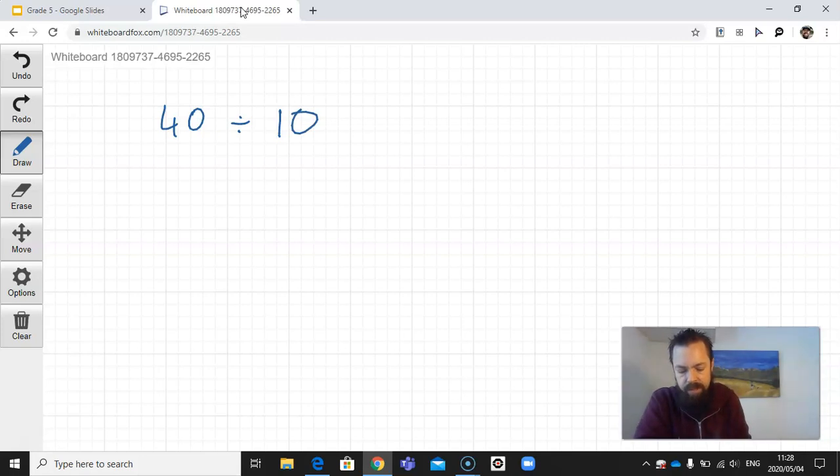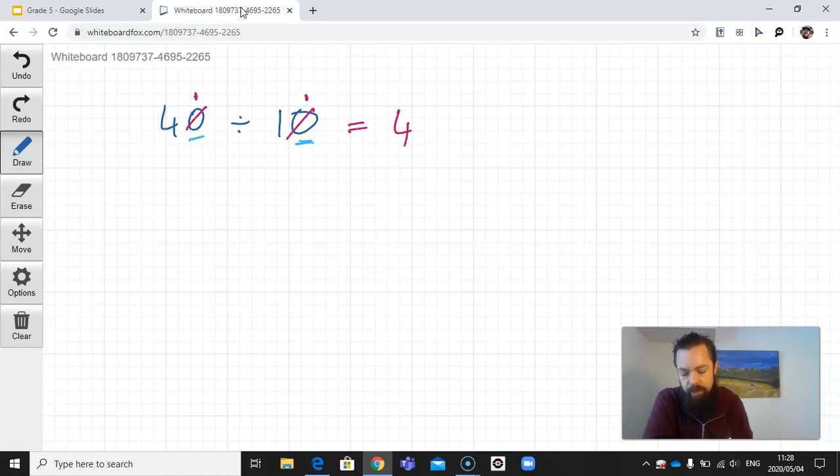We've got a situation where we've got a 0 in both the divisor, the number we're dividing by, and in the number we're dividing, this number here. So we've got 2 zeros there. And what we can actually do then is ignore the zeros. As long as the number of zeros is the same, 1 over here, we can pretend they're not there. And we can say 4 divided by 1 is 4. And so 40 divided by 10 is also 4. So that's a little trick that we can use.